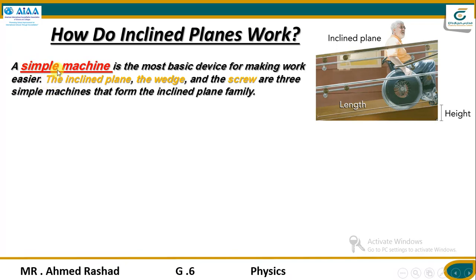And the simple machines here include three examples: number one, the inclined plane, and the wedge and screw. We will take each one in this lesson, inshallah, and these are the simple machines that form the inclined plane family. These three examples, inclined plane, wedge and screw, are from the inclined plane family.